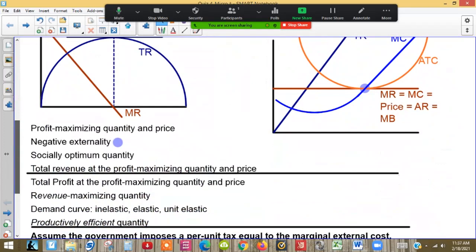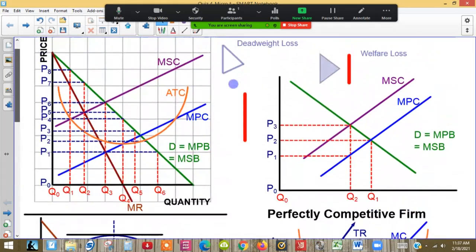What is the total revenue at the profit maximizing quantity and price? Well, we simply look at where that is right here, Q3, P6, and the revenue is going to be P6 times Q3. That's going to be your total revenue, right? Price times quantity, okay?